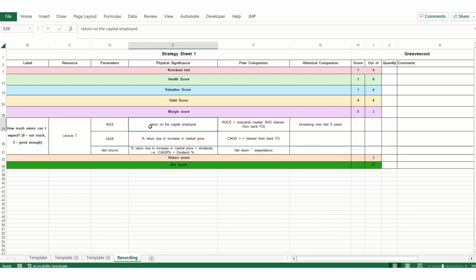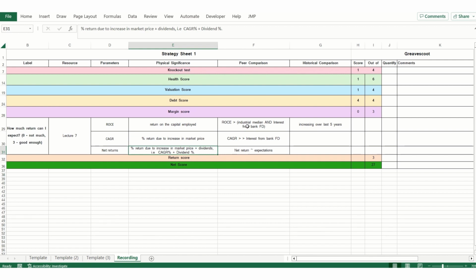So ROCE is the return on the capital employed. It means if I put 100 rupees, how much money can I make? CAGR is how much your share price is increasing every year. This CAGR is compound annual growth rate for your share price increase, and this counts into your return. And your net return will be your return due to your dividends and your return due to your CAGR.